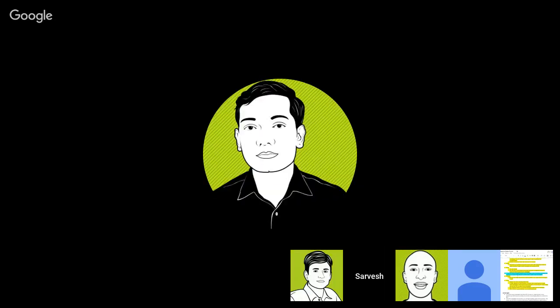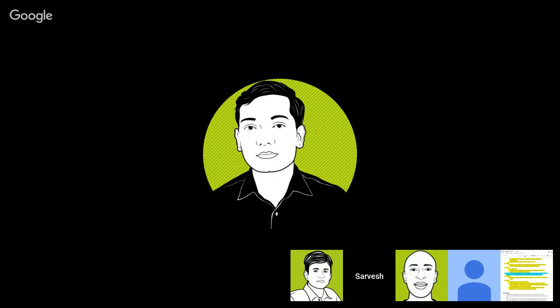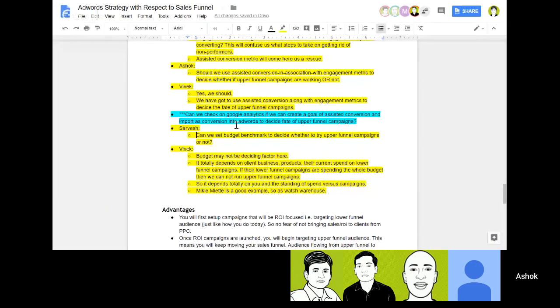All the points which Vivek mentioned are completely true. Budget cannot be a deciding factor here. However, budget will play a crucial role. For example, take Mickey Mitty.